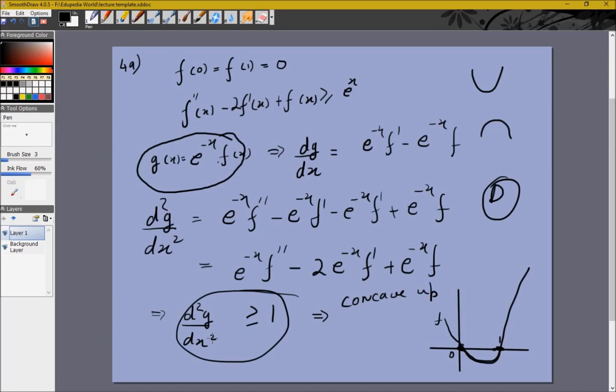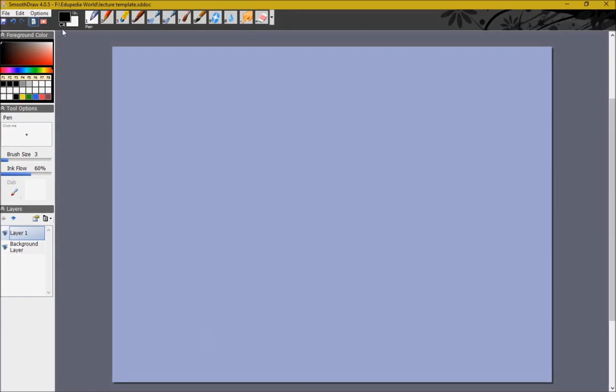Let's look at the next one, which is based on the same paragraph, 50. We are given that e to the power minus x f of x is minimum at x equal to 1 by 4.